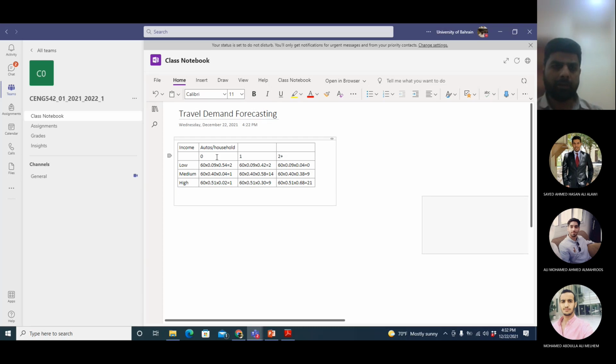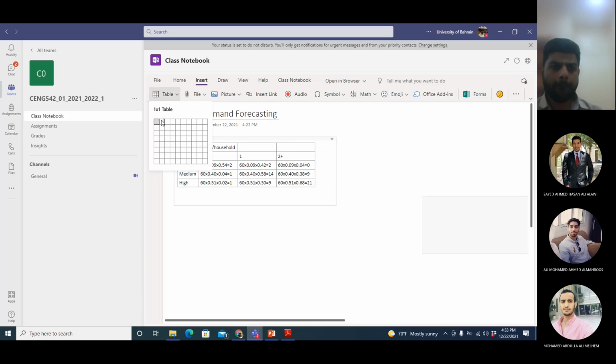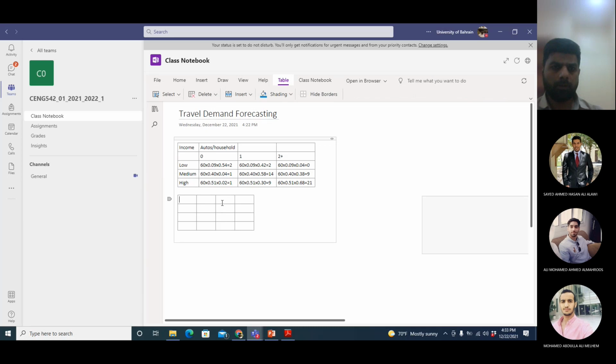I will make another table here now. Categories are the same.